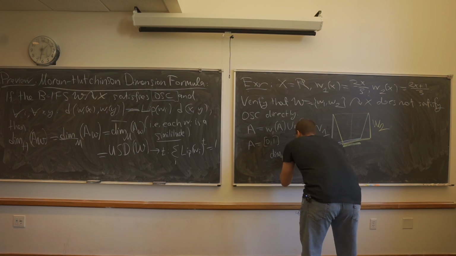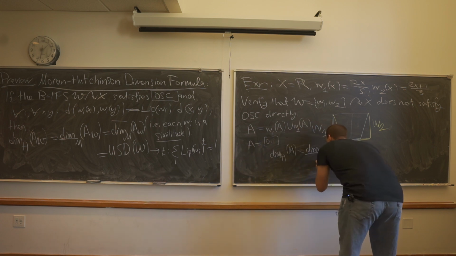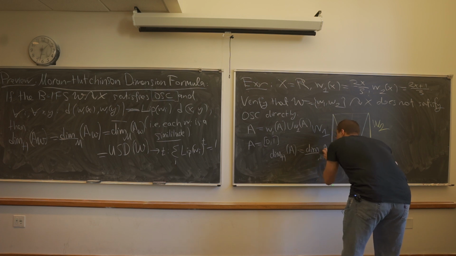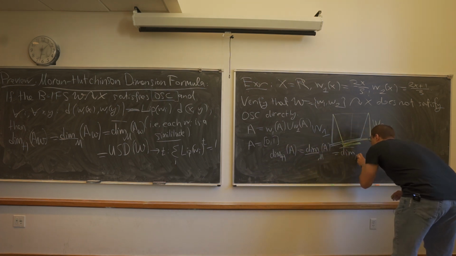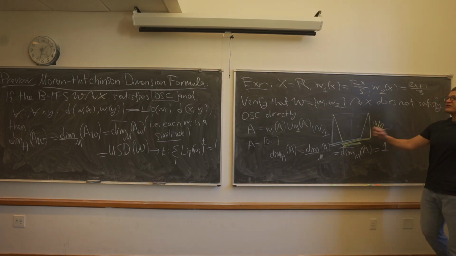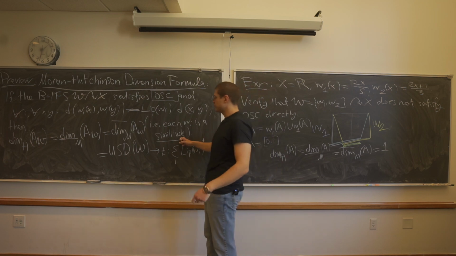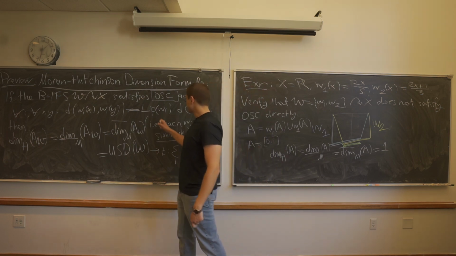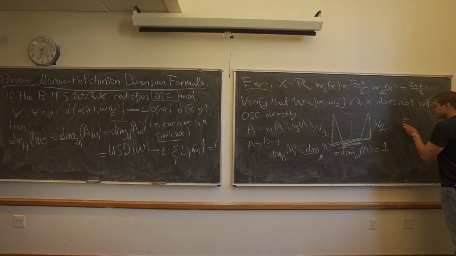So what is the upper similarity dimension of this? Well, both of these are similarities, similitudes, and the Lipschitz constants for both of them is 2/3.